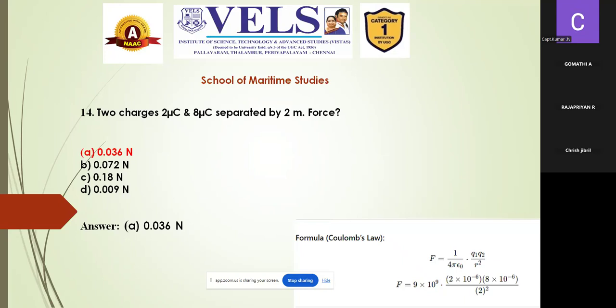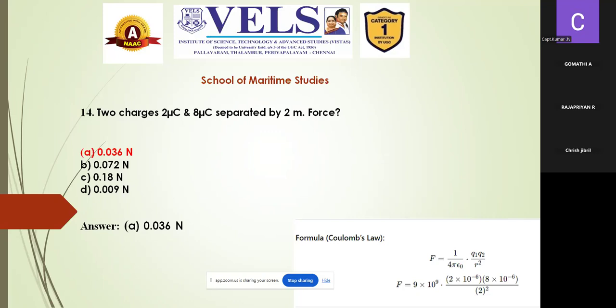F is equal to 1 by 4 pi epsilon naught Q1 Q2 by R square. Q1 Q2 means two charges. Q1 is equal to 2 microcoulomb, we can write 2 into 10 power minus 6. Then Q2 is equal to 8 microcoulomb, 8 into 10 power minus 6.